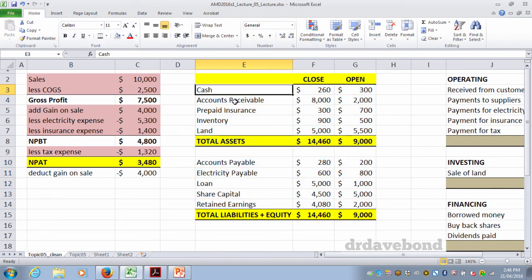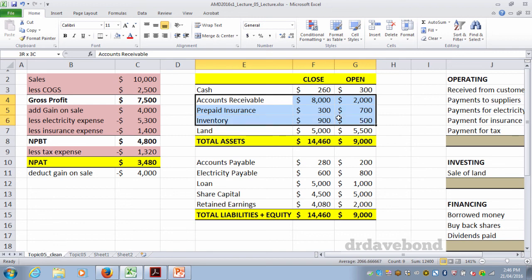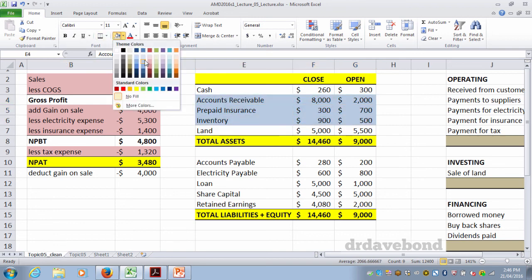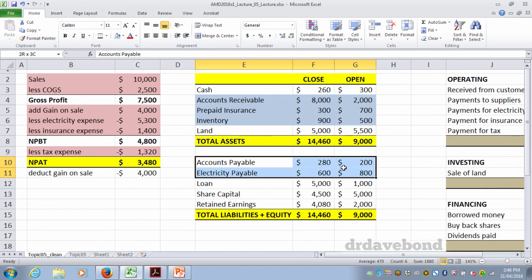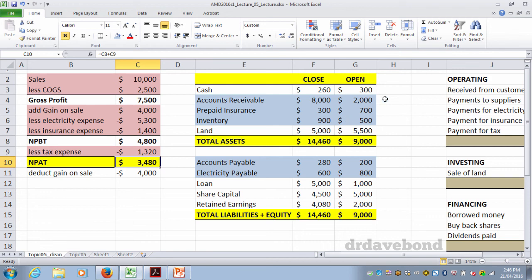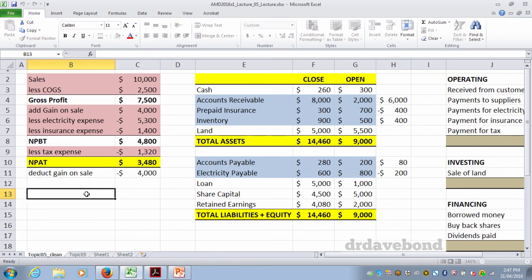Now what we're doing then is looking at current assets, so account receivable, prepaid, and inventory, and accounts payable and electricity payable. We are then adjusting for changes in these. So account receivable has increased by 6,000, prepaid insurance has decreased by 400, inventory has increased by 400. Accounts payable has increased by 80, and electricity payable has decreased by 200.